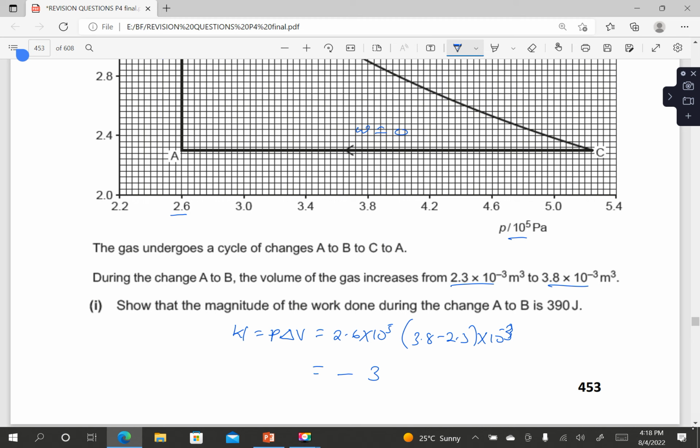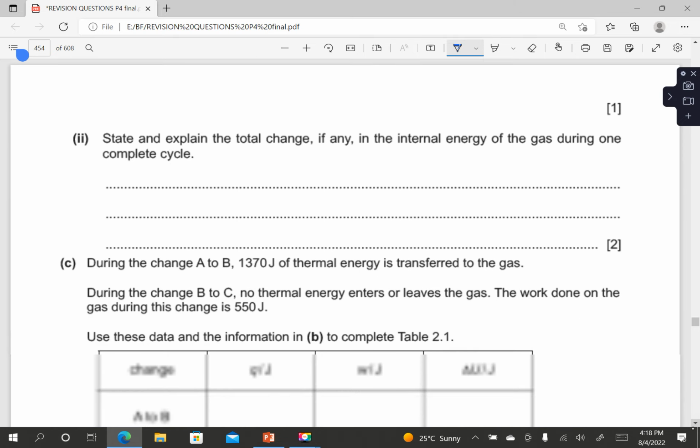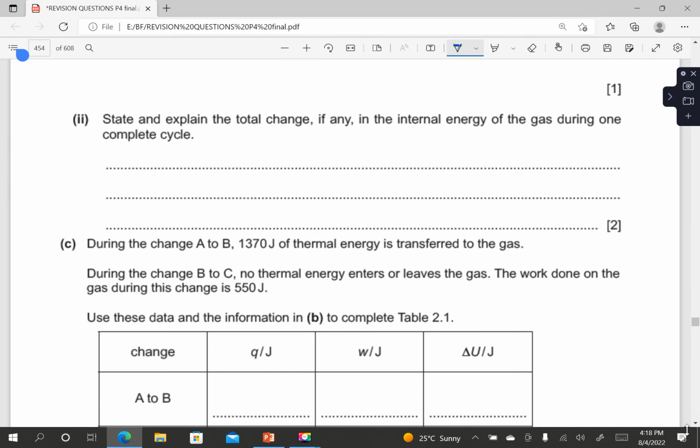So this is exactly 390. Negative 390. Because the system is expanding, the work done is negative. People should now master that. Okay, state and explain the total change, if any, in the net energy of the gas. So there will be no net change, no total change in internal energy.